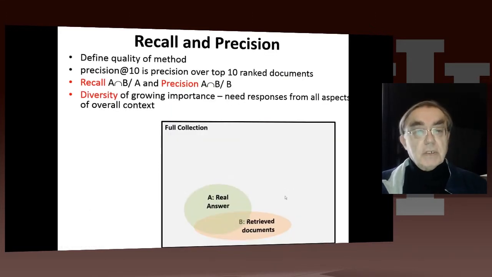Okay, this slide here tries to explain the concept of recall and precision, which is a key part of the quality of a search engine. So you have a complete collection represented by this gray square here, which has all the world's documents. And then you do a query. If you had a perfect answer to the query, you get this green.